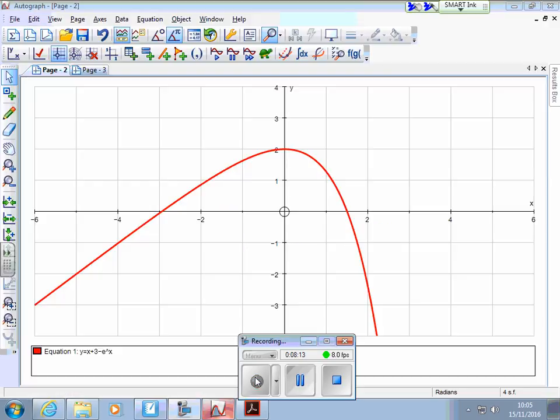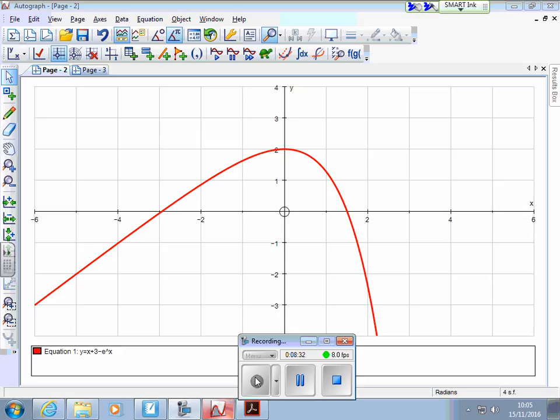Let's look at how, in Autograph, you can actually see how the bisection method and Newton-Raphson's method home in on the root as you add iterations to the calculation.